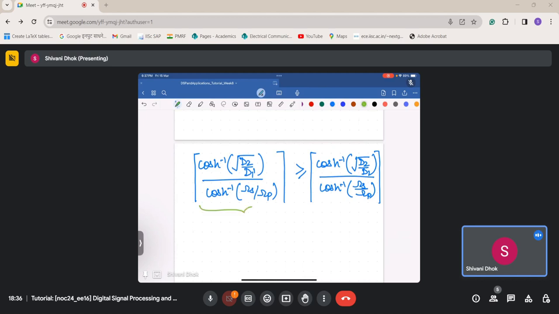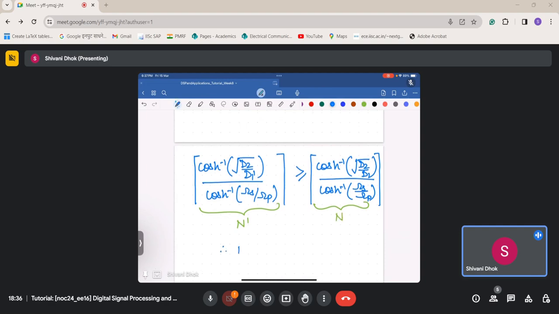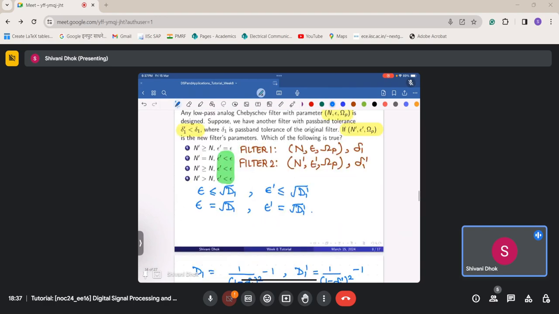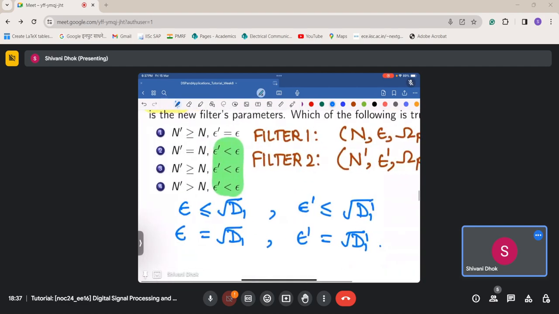And this thing here is my n prime, and this thing here is my n. So therefore we have n prime greater than or equal to n. So this is my final answer.